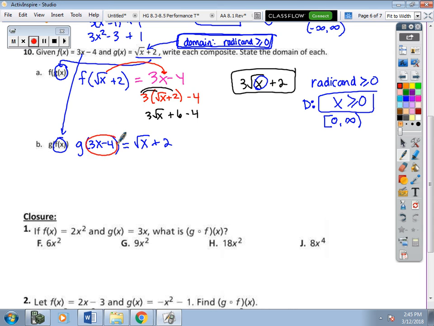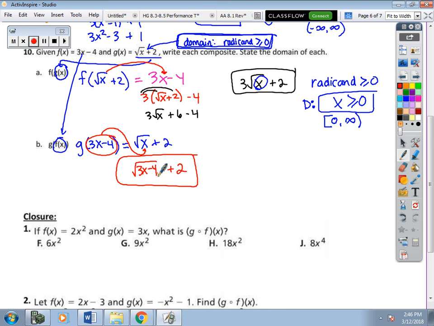So this whole quantity is going in for x. This actually cannot be simplified any further, because this is a binomial being added or subtracted. So that's our final answer.